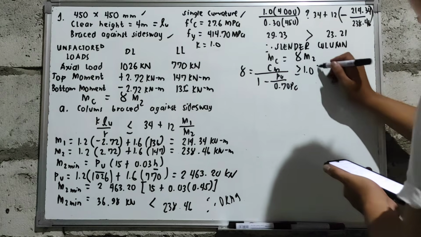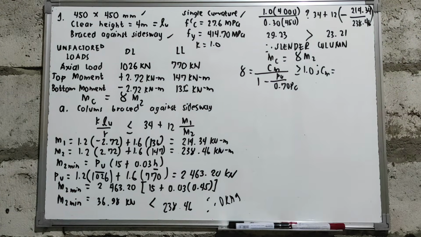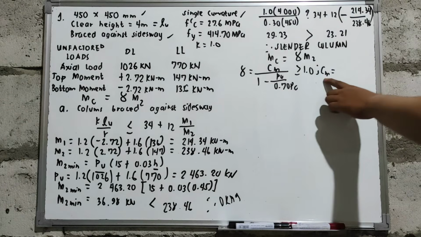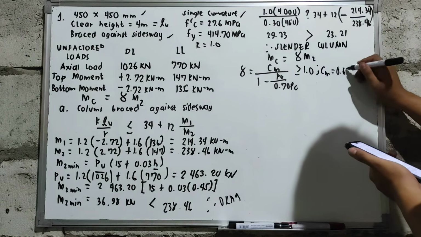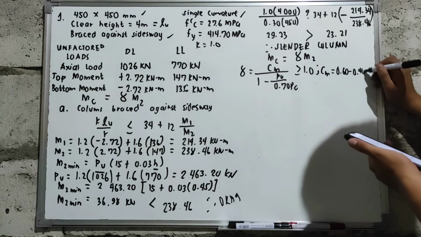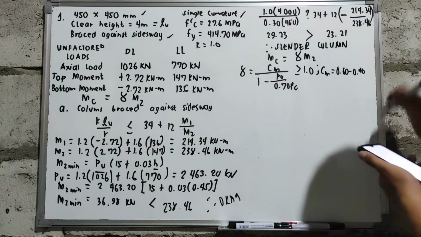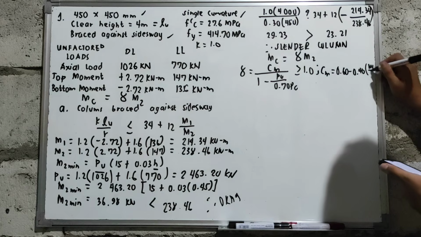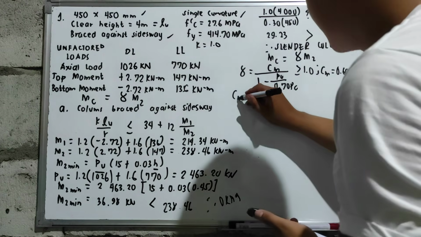Next naman, in computing for the value of your C sub m, since wala naman tayong sinabi dito na without lateral loads naman tayo, so yung C sub m natin, that will be 0.6 minus 0.4, so m sub 1 over m sub 2. So let's compute for the value of your C sub m.